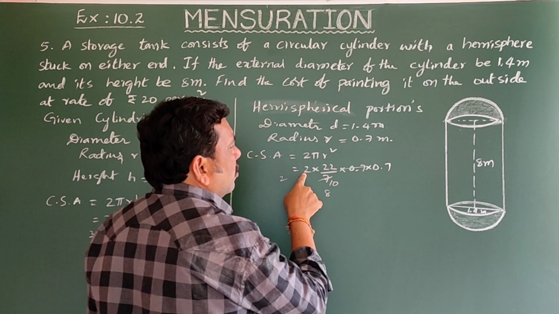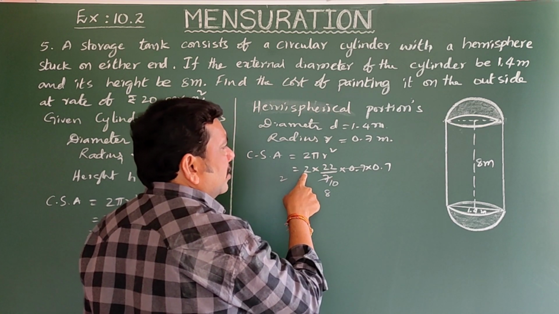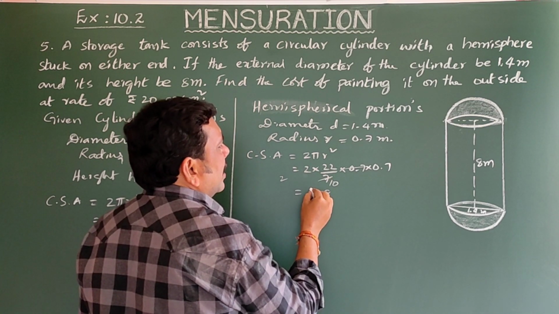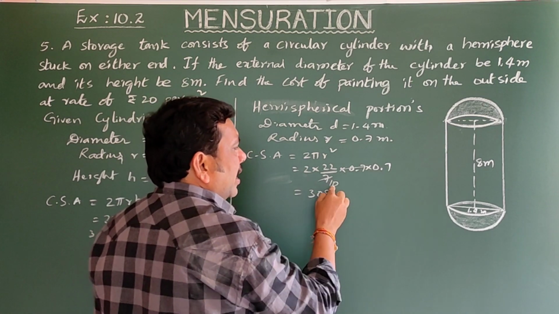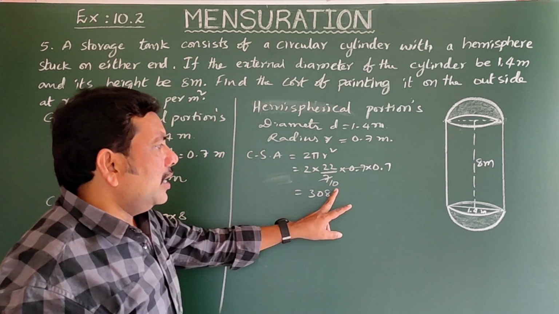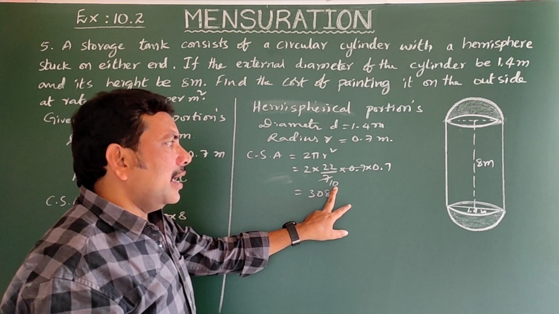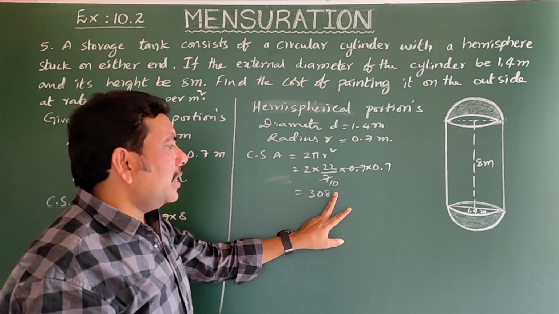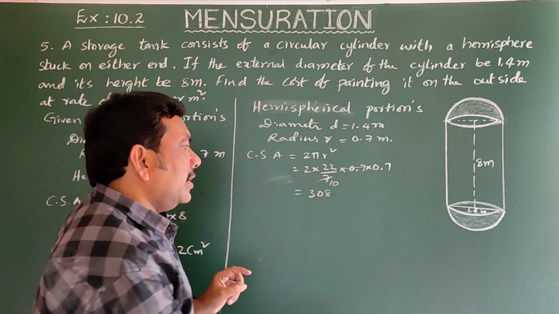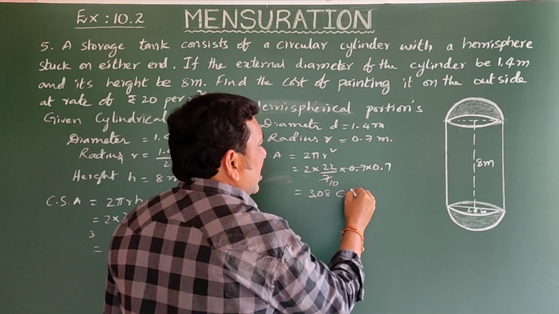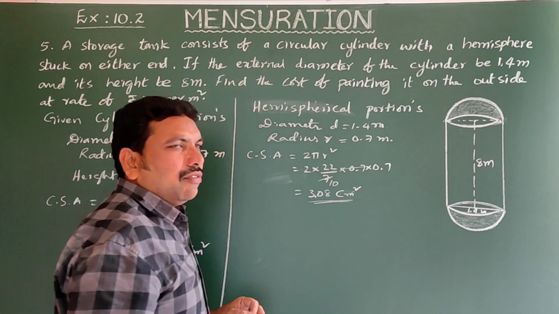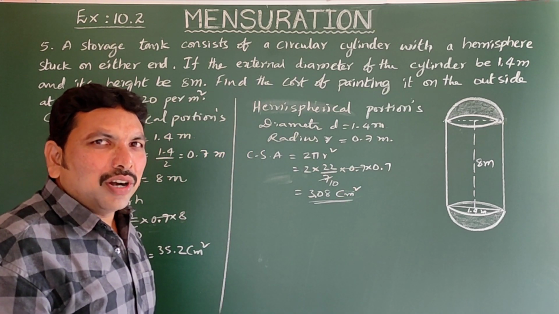Again 14 2s are 28, plus 2 is 30. Next, 1 point is there, and in the denominator, 10 is there. So where will you keep the point? Before 2 digits we have to keep the point. So 3.08 meter square. Understood clearly?